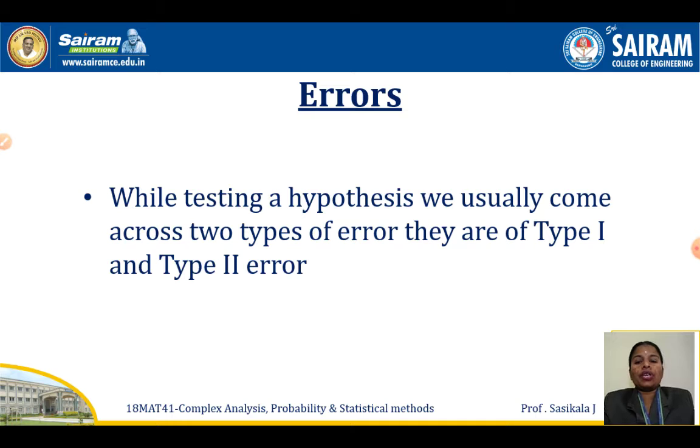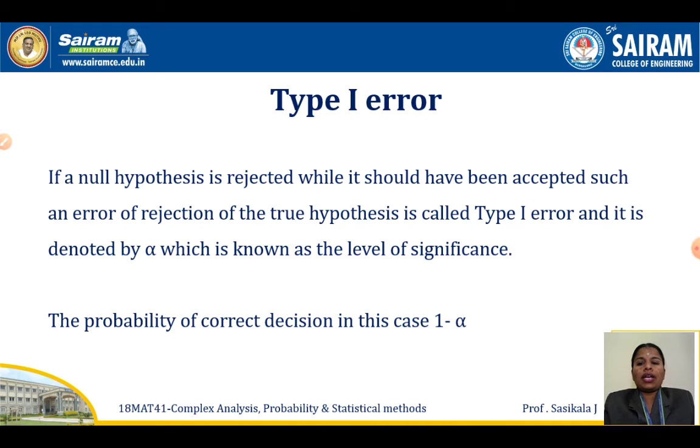You can do the testing of the hypothesis with the alternative hypothesis and the null hypothesis, which are H1 and H0. While doing it, two types of error are possible: type 1 error and type 2 error. So we'll see what is meant by type 1 error.